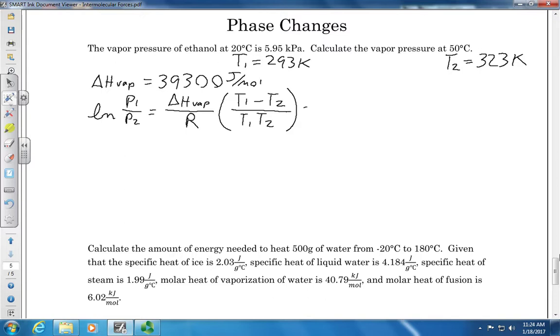So let's plug in the values that we have.